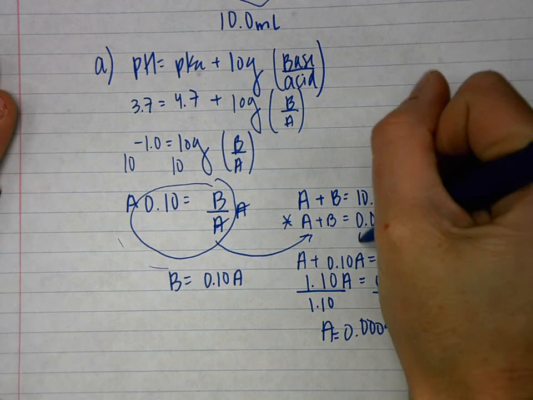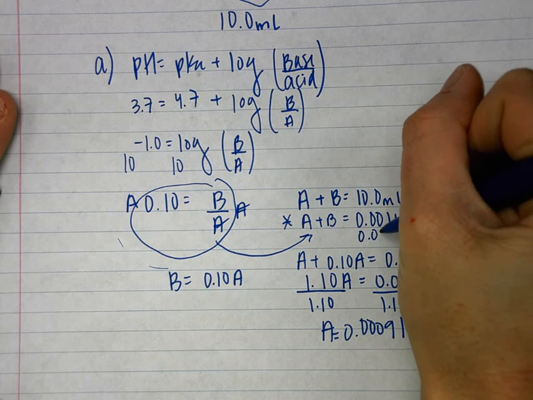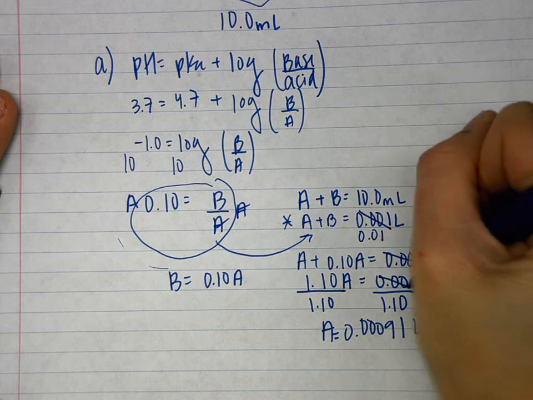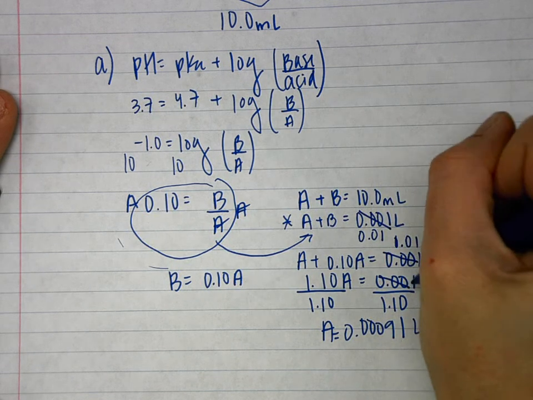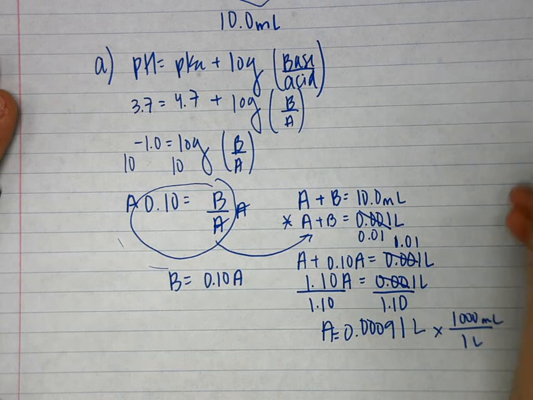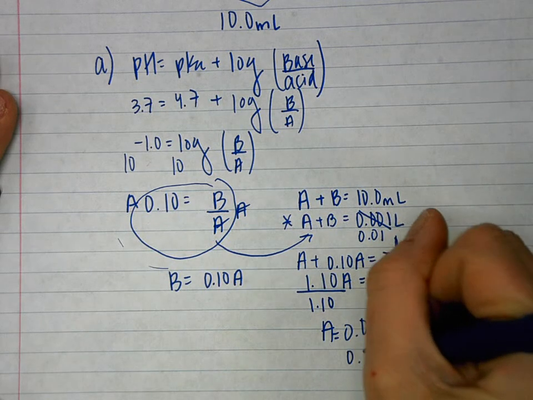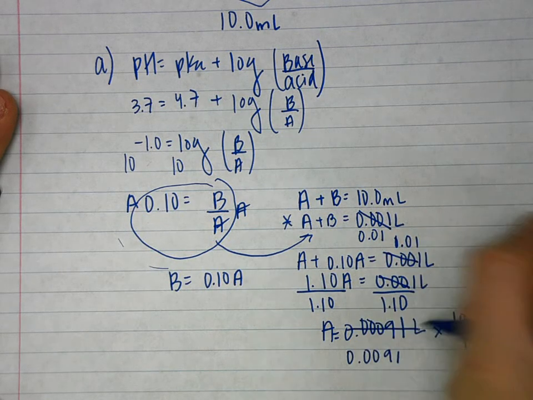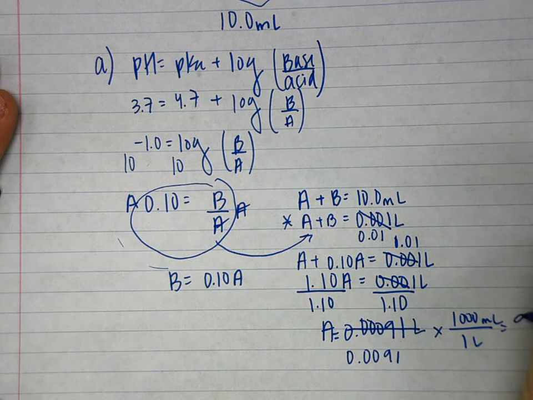Sorry, this should be 0.01. It's going to throw us off. So really, we get 0.0091. Right? And then we're going to end up with 9.1 milliliters.